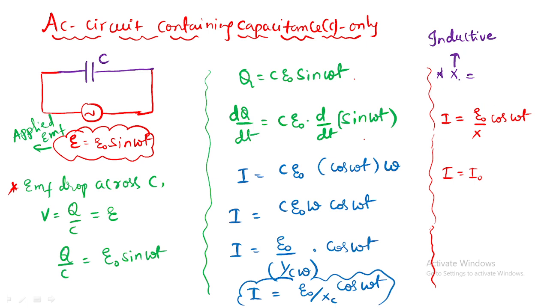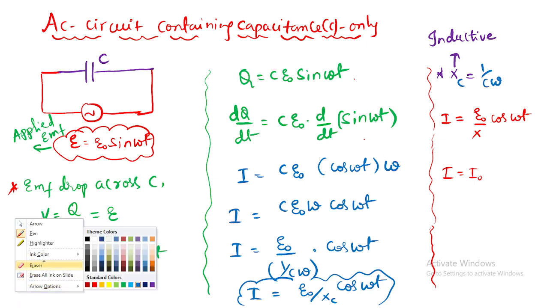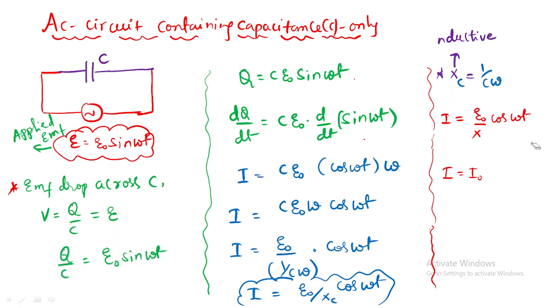So this is capacitive reactance, which is 1 divided by C omega.